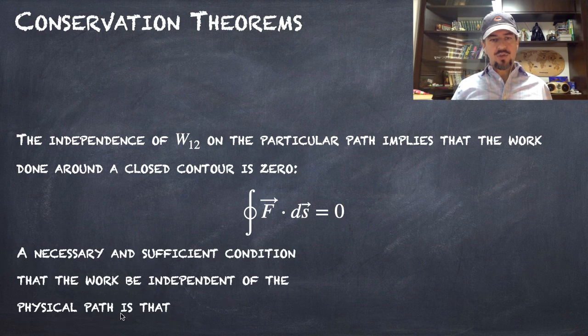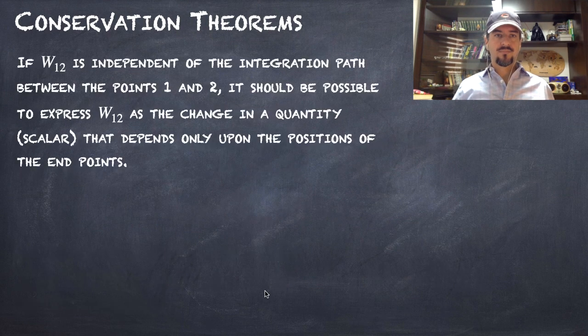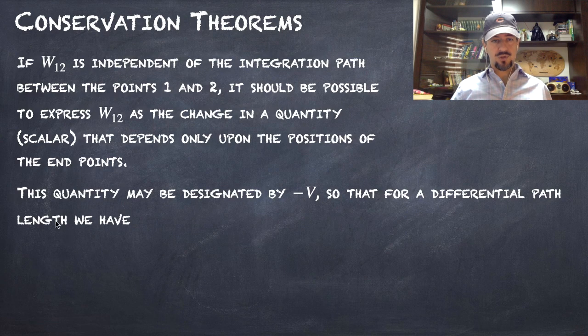So a necessary and sufficient condition that the work be independent of the physical path is that the force be written as the gradient of a scalar quantity V, which is a function of the position r. In other words, if the work is independent of the integration path between the points 1 and 2, it should be possible to express this work as the change in a scalar quantity that depends only upon the positions of the endpoints.